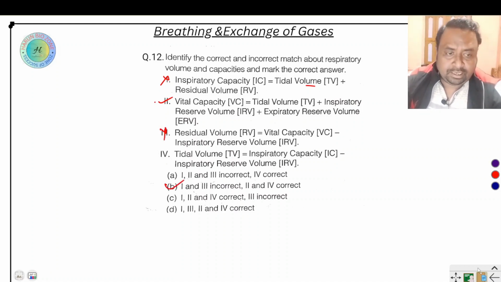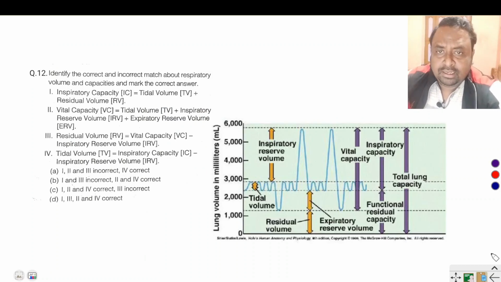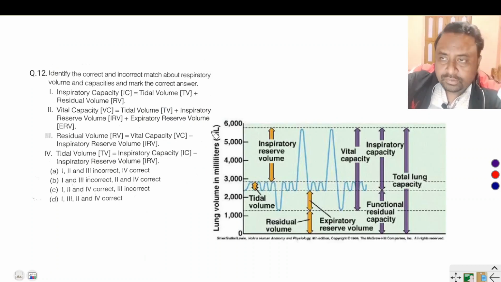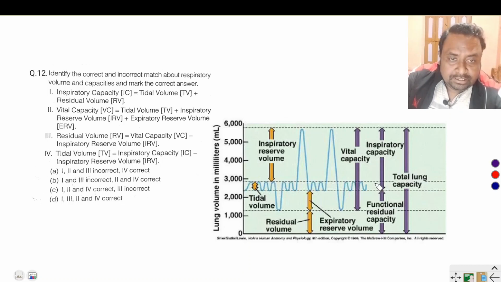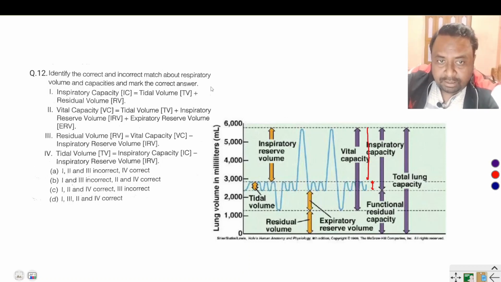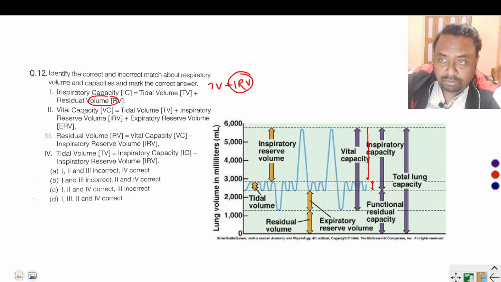B is the right answer. Why? Here you can see the inspiratory capacity. The inspiratory capacity means this is the tidal volume, and this is the inspiratory reserve volume. So tidal volume plus inspiratory reserve volume, not residual volume.